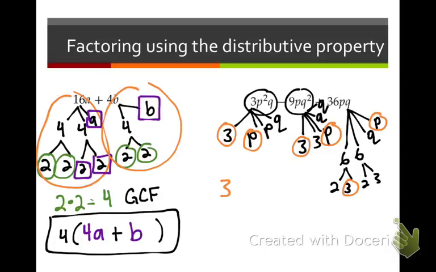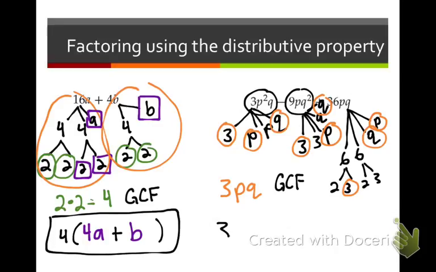A P. I'll put that to the side. And finally, they have a Q in common. A Q. I'll put that to the side. And I think that's all they have in common. So that means that what I just found, this is called my GCF, my greatest common factor.